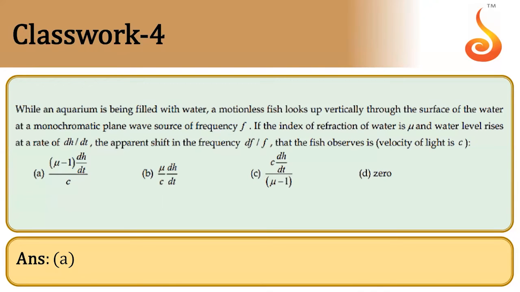If the index of refraction of water is mu and the water level rises at a rate of dh divided by dt, then the apparent shift in the frequency df divided by f that the fish observes is, velocity of light can be taken as c.